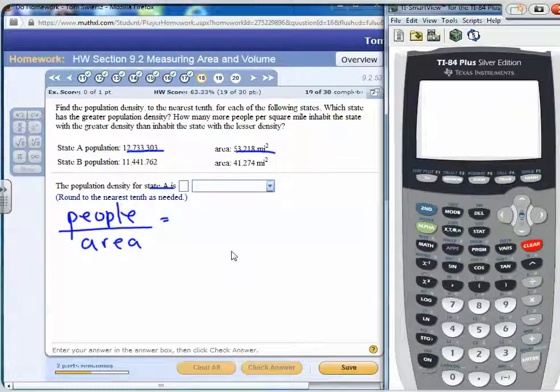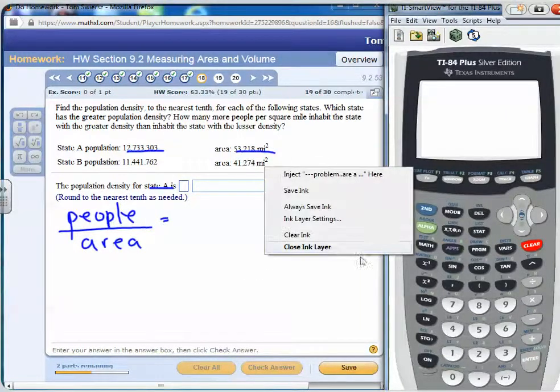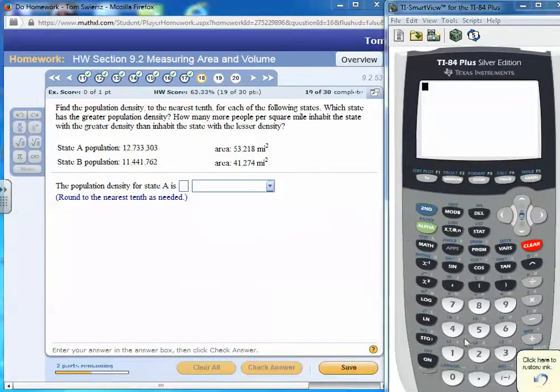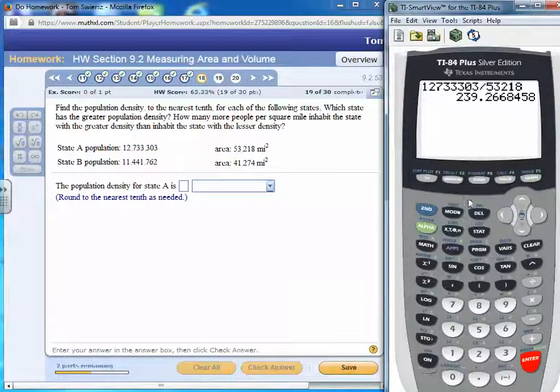So we've got 12,733,303 divided by 53,218 square miles, and we get 239.26 rounded to the nearest tenth.